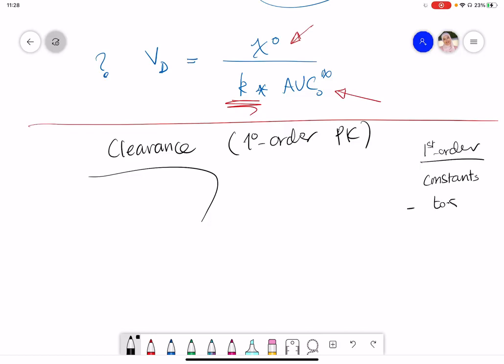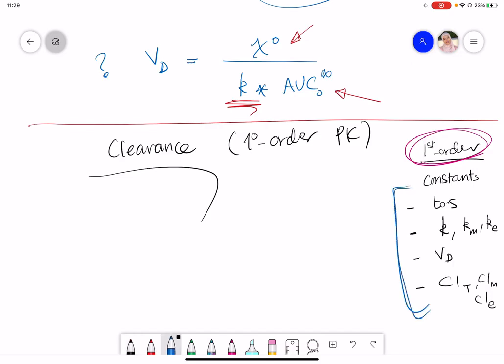Examples: half-life, K, which is the first order elimination rate constant, or any of the rate constants following first order kinetics. VD under first order kinetics is constant, and total clearance or any of the clearances of the drug following first order kinetics are constants. Those are the major parameters we usually use to define first order kinetics in the IV bolus one compartment model.